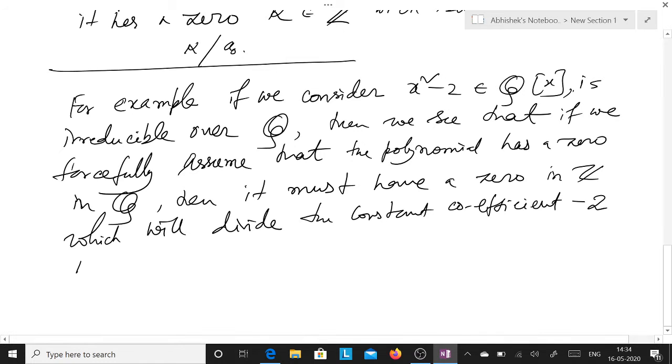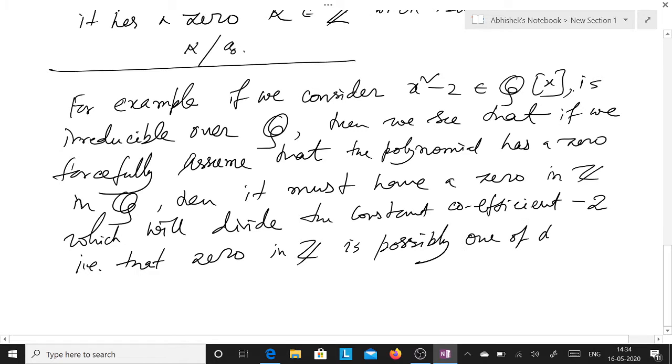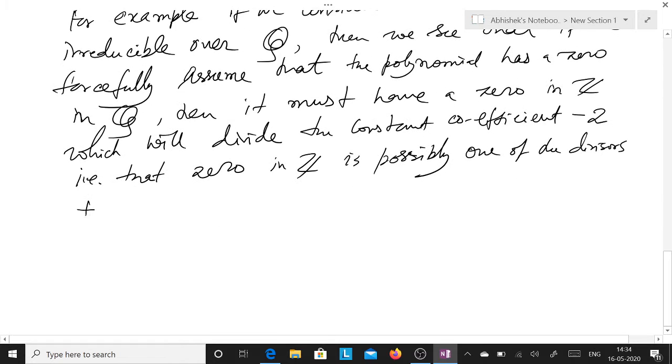So this 0 in the ring of integers is possibly one of the divisors, which are plus minus 1, plus minus 2, of the integer 2.